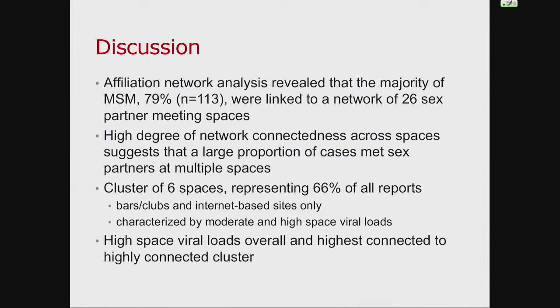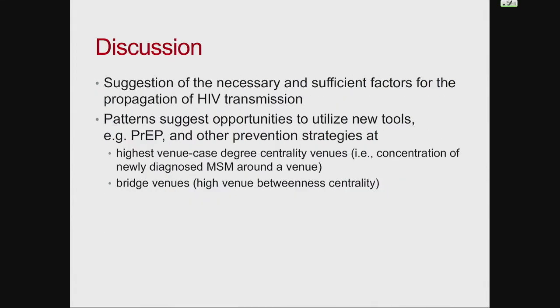There was a specific cluster of 6 spaces representing 66% of all reports, which is quite amazing. And they were only bars and clubs and internet-based sites, and they were characterized by both moderate and high space viral loads. And overall there was a very high space viral load, and the highest were connected to the highly connected cluster.